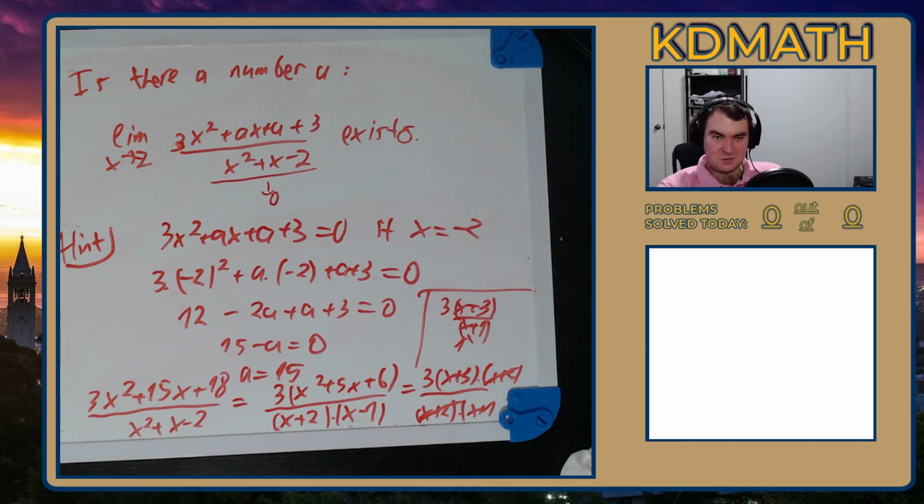Now, to see that there would only be one value, at this stage, you would have to work out that if a is different than 15, then the limit would not exist. You could technically do that, but I would not recommend it. We will learn how to do this in about a week, and then you would be more than able to.